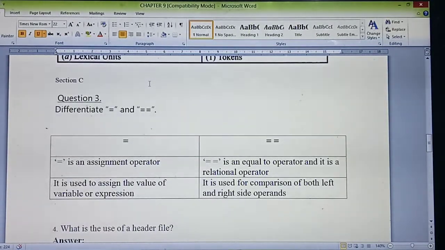Then this is the 3-mark question. Third 3-mark question, okay. Question number 3, 3-mark question, third one. Differentiate equal to and double equal to. Write fast.